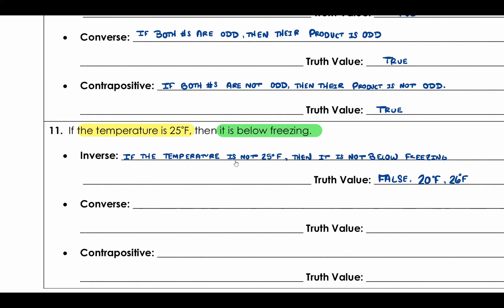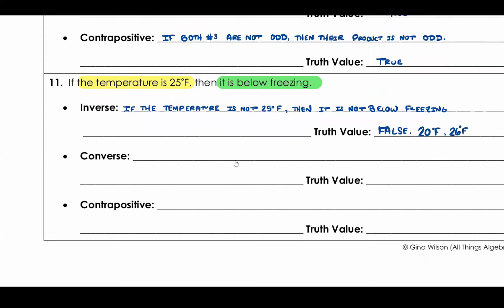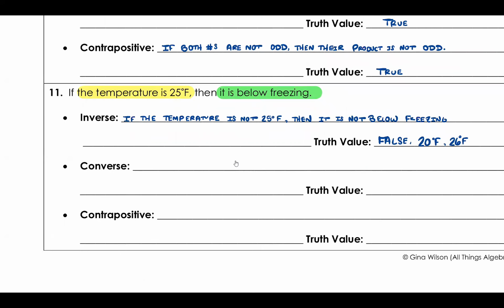Converse. We're going to switch our hypothesis and conclusion. If it is below freezing, then what?